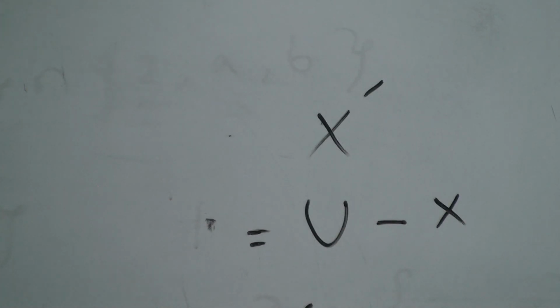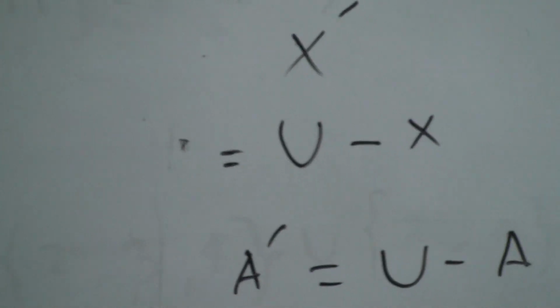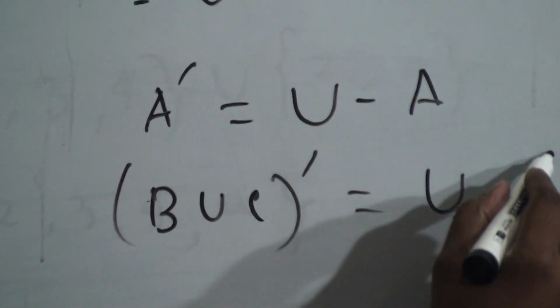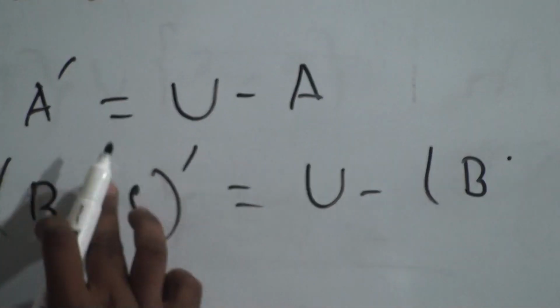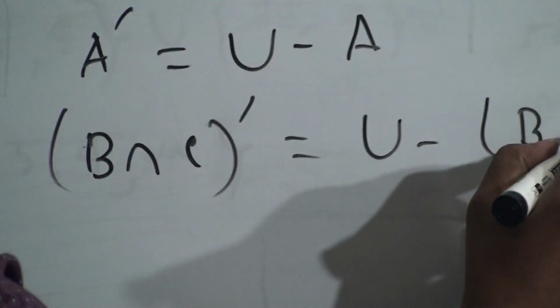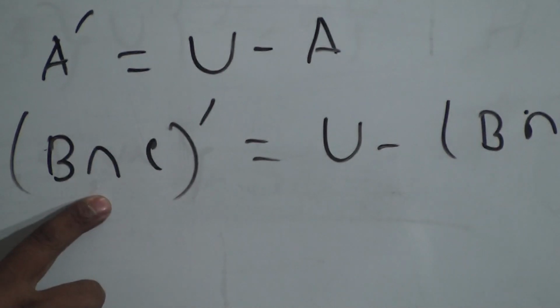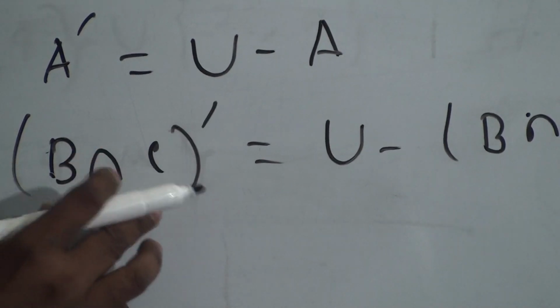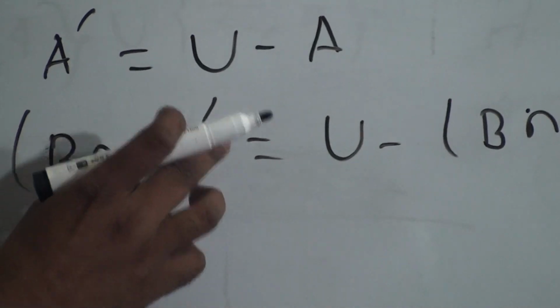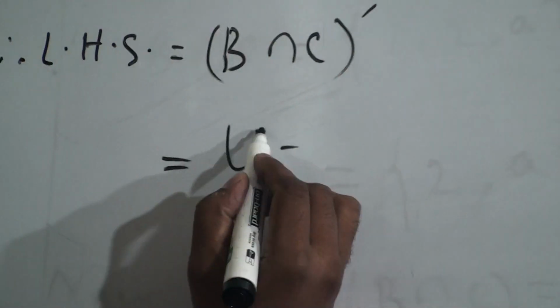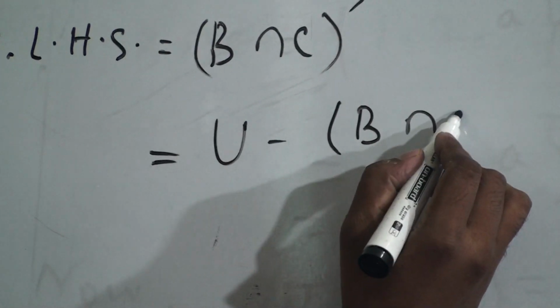Similarly, A prime equal to U minus A, and similarly we can write B intersection C whole prime equal to U minus B intersection C. If we consider B intersection C as x, then x prime equal to U minus x. Okay, now instead of B intersection C whole prime, we can write U minus B intersection C.